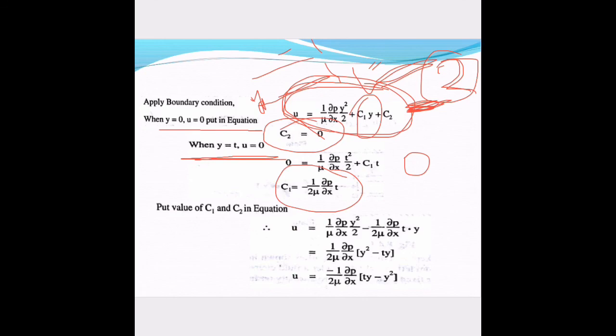So substituting C1 and C2 values, your velocity equation becomes u equal to -1 by 2 mu del p by del x into ty minus y square.